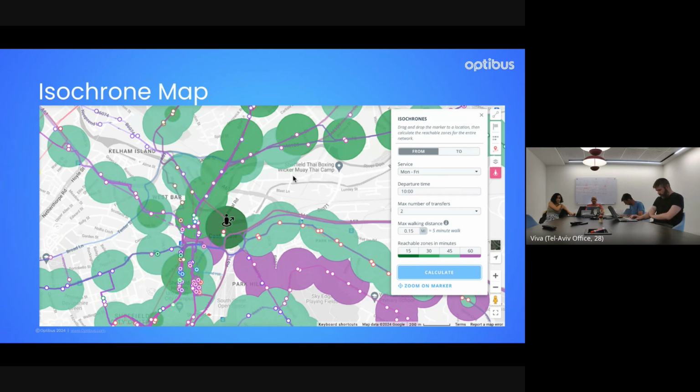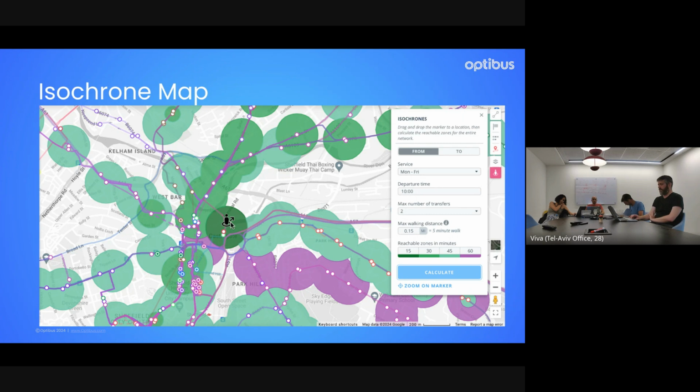Our user wants to pin a place on the map, let's say here, and see a passenger that starts from here, let's say at 10 o'clock, with several restrictions. For example, you can change trips and routes only twice, you can walk only 5 minutes maximum, and so on.